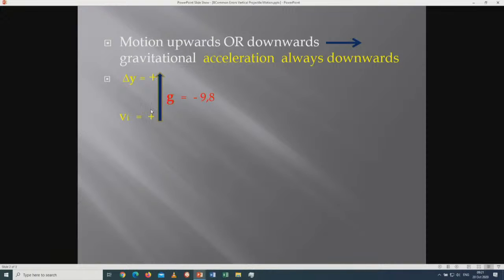Therefore, delta y will also have a positive value. And then because G, although the object is moving, G will be minus 9,8 because it's always acting downwards on the object. Then just remember rounding off correctly on your final answer.